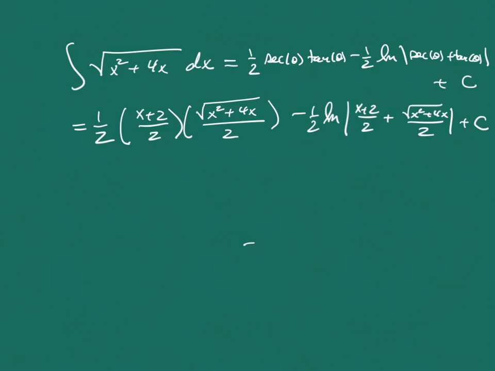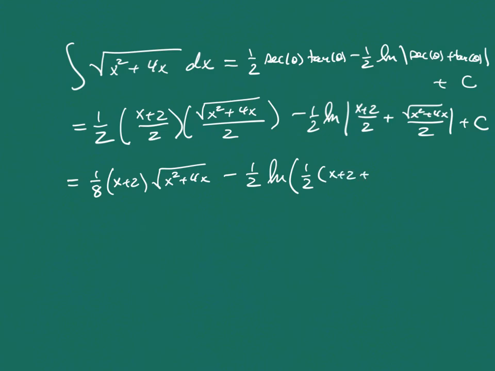Now, one thing that you could do to maybe clean this up a little bit is you can use your properties of logs. I can imagine taking out that 1/2, so I've got a 1/2 times x plus 2 times the square root of x squared plus 4x minus a 1/2, if I take out that 1/2, so 1/2 times my x plus 2 plus square root of x squared plus 4x, plus c.